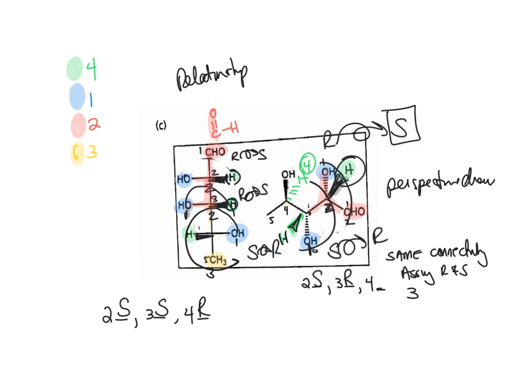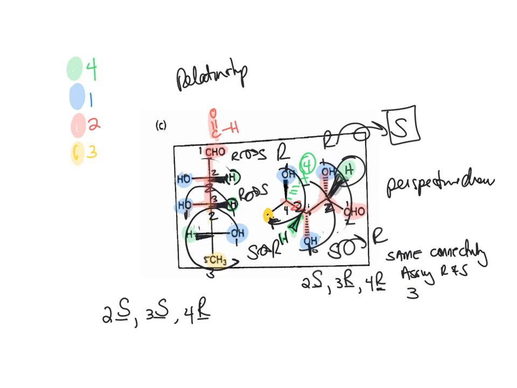We're going to go with the blue as our number 1, so that's going to be oxygen. Our number 2 then will be the carbon oxygen, so that's number 2 here. And then number 3 is going to be the CH3. So now when we connect these, we have 1, 2, 3, and that is R, and R is going to stay R because hydrogen's in back.